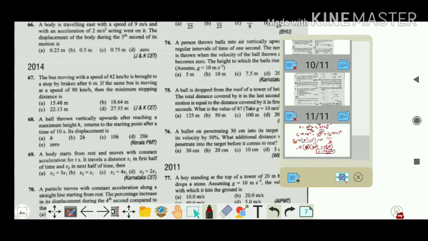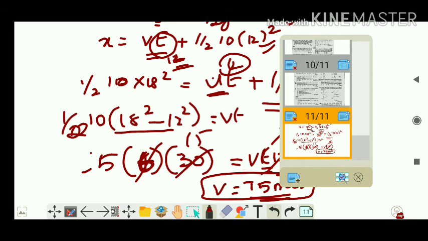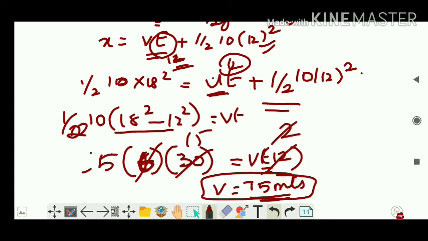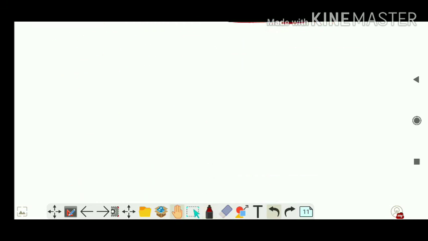The distance covered in the last second is equal to the distance covered during the first 3 seconds. If that is the condition, what is the height from which it is dropped? So let's move on with the question.